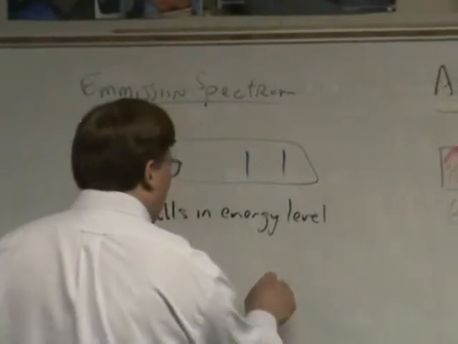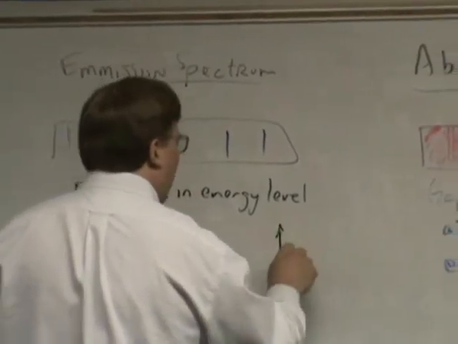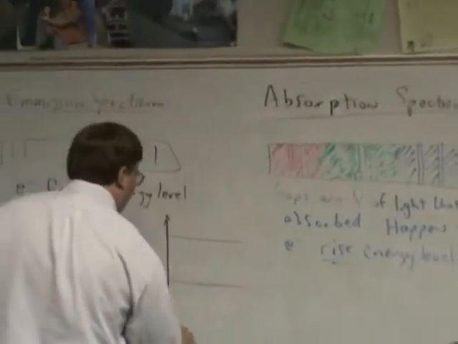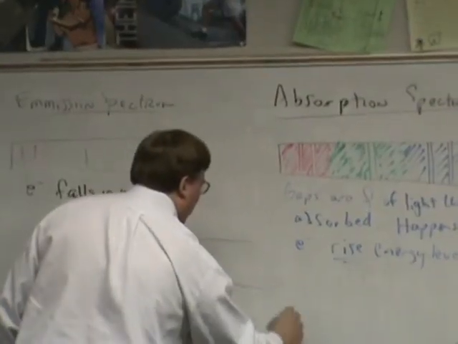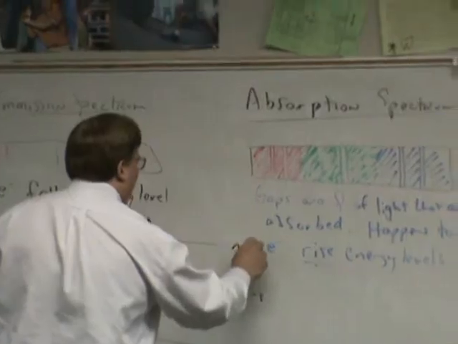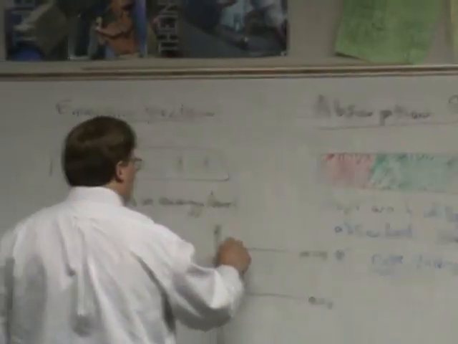And so what if I gave you an energy level diagram that looked like this? Okay? And on this, let's say n equal 1, n equal 2, n equal 3, n equal 4, and I was drawing these arrows.